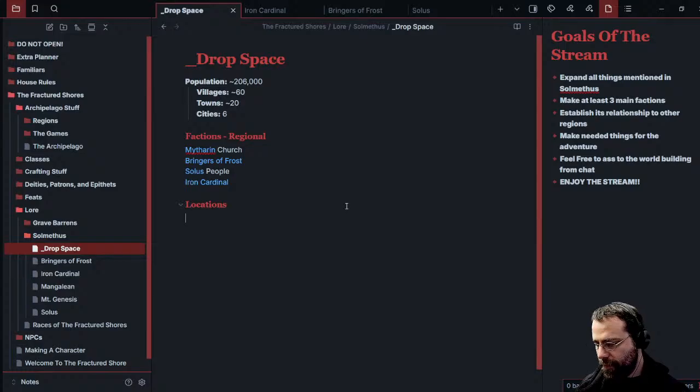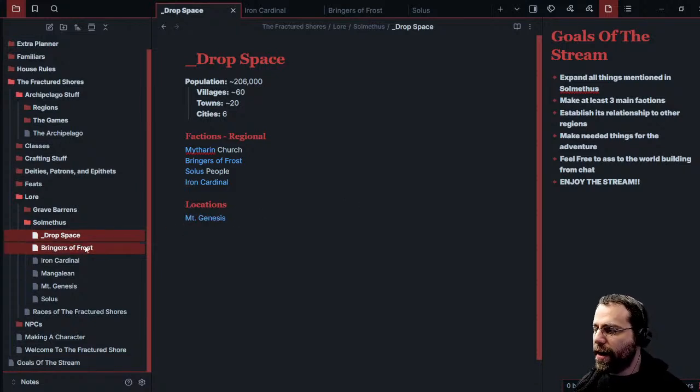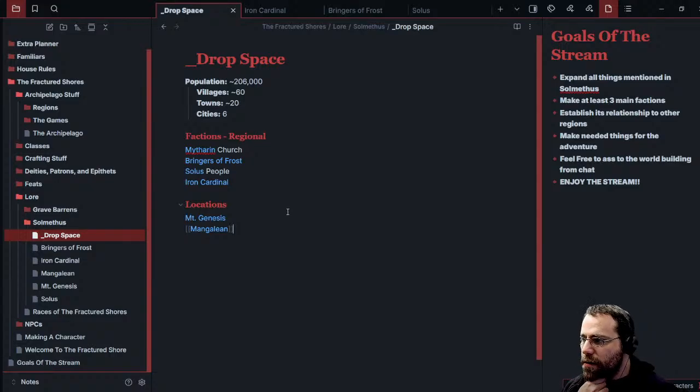Locations. Mount Genesis is like the only major location that I have at this time. And then we also have Manglina, or Mangaline, I think is how you say it. I've already forgotten how to say it.